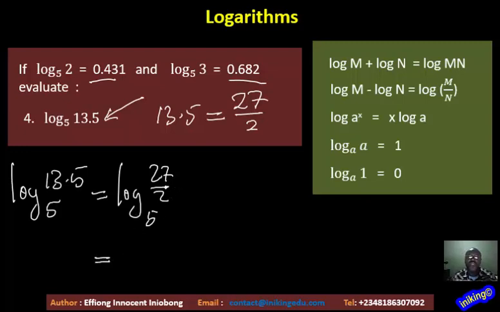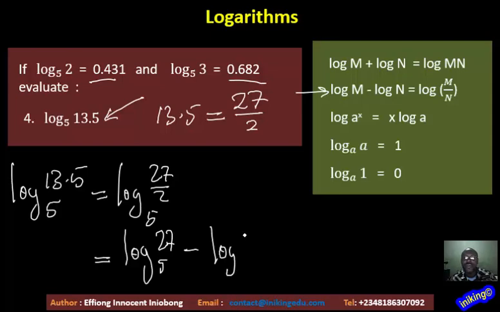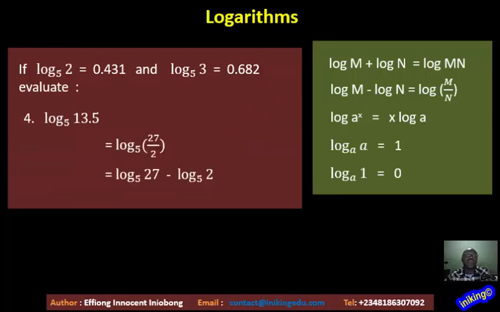But first and foremost, I look at 27 over 2. I can move from right to left, looking at this second law here, and write this as the logarithm of 27 base 5 minus the logarithm of 2 to base 5. I'm sure we'll all agree. That's it there. So now we have been able to reduce our logarithm of 13.5 to log of 27 base 5 minus log of 2 base 5.